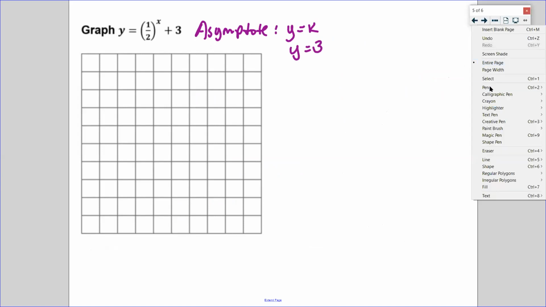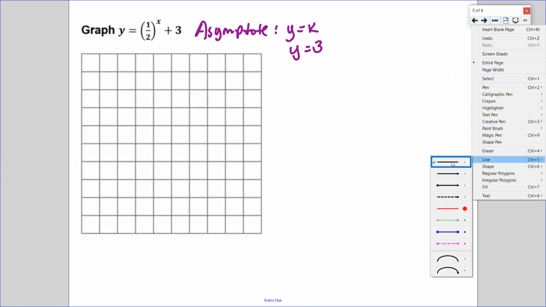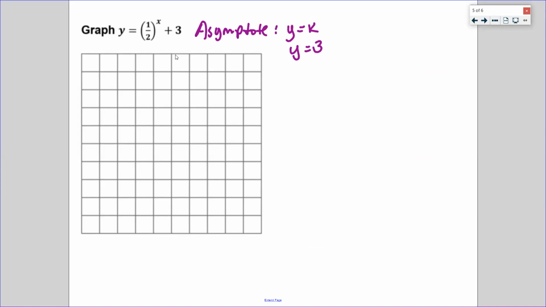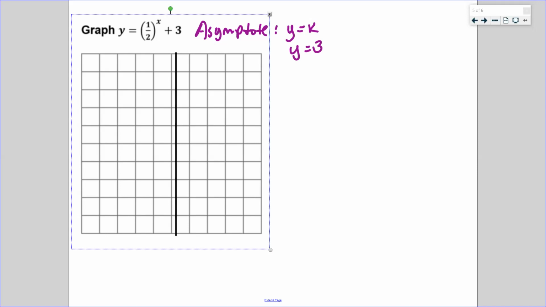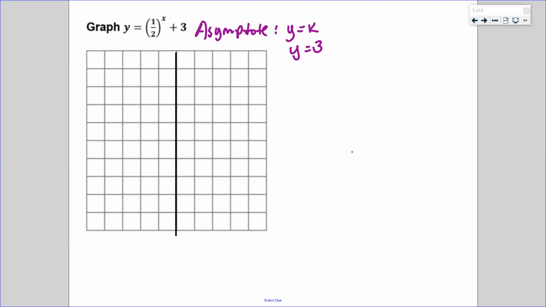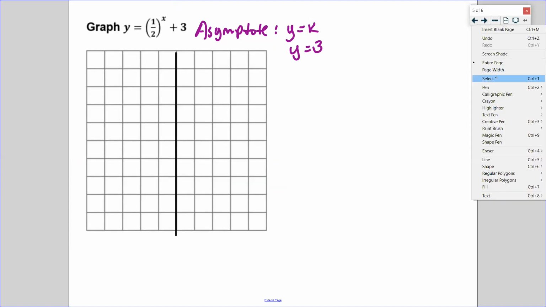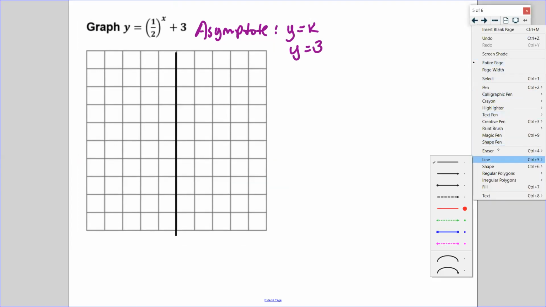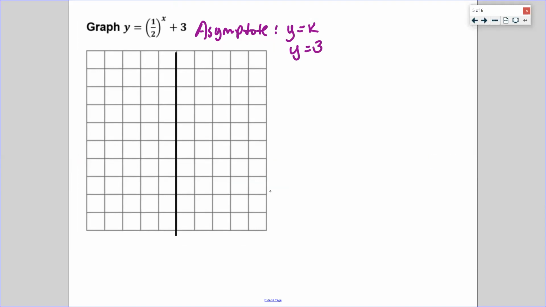Fantastic. I'm going to put lines in actually. So I'll fix that. And then I want a line going across.